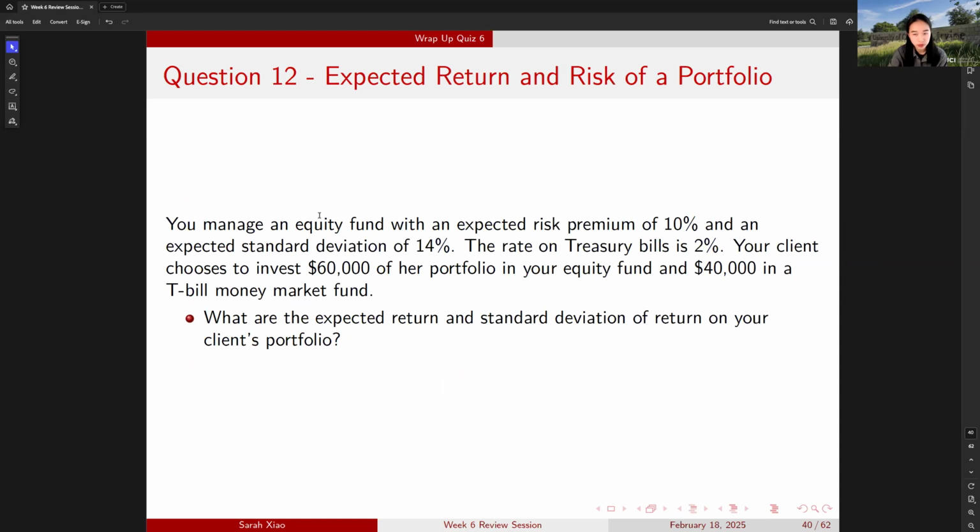For question 12, we want to calculate the expected return and risk of a portfolio.